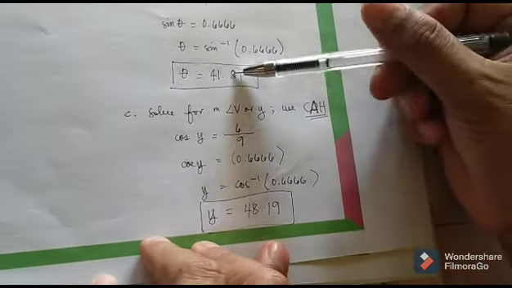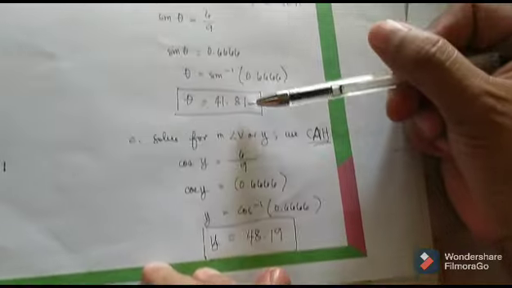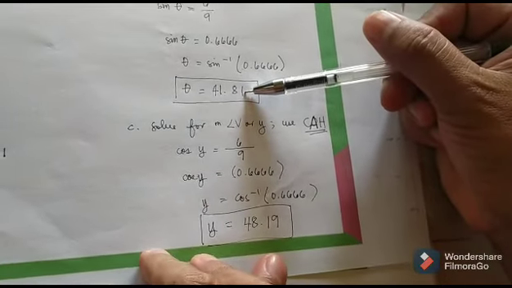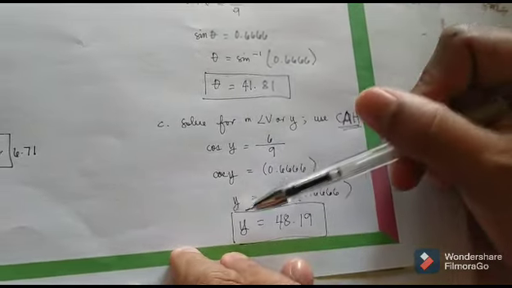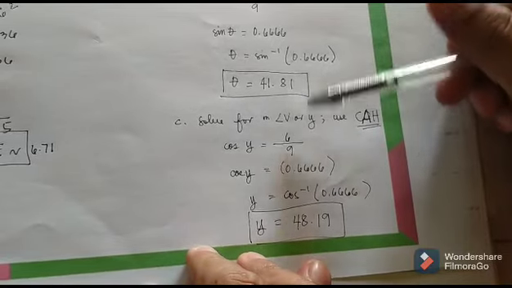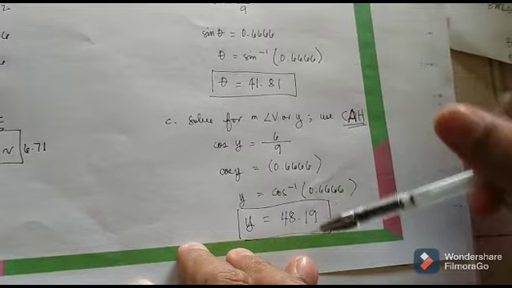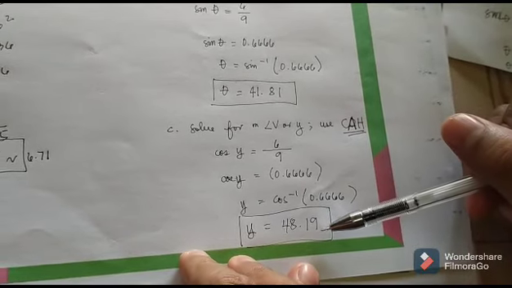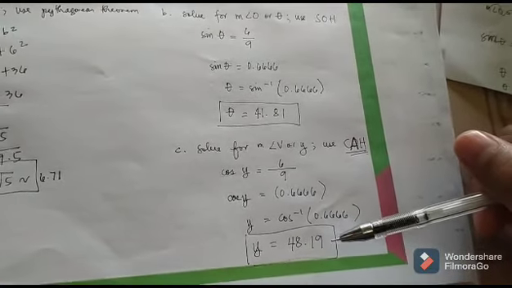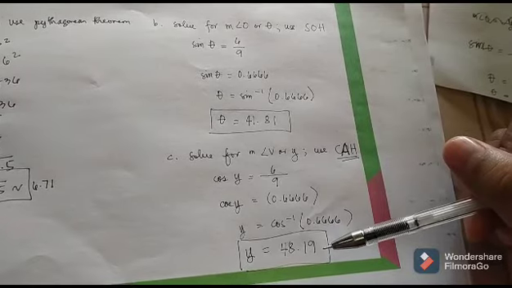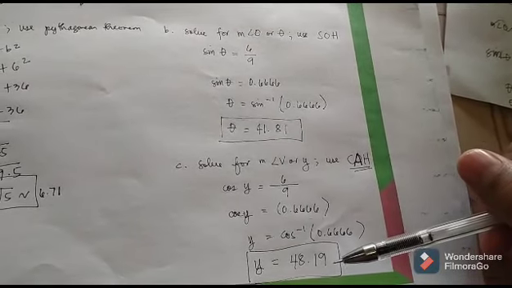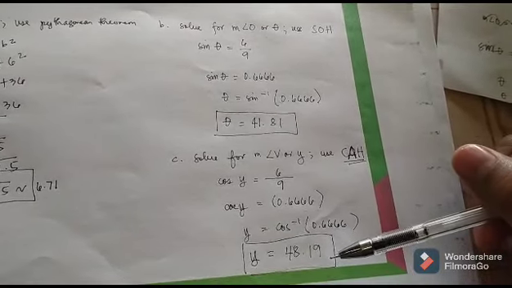If you're going to combine these two, 41.81, the measure of angle theta, and angle y, you would have an exact value of 90 degrees. 41.81 plus 48.19, you would have a measure of 90 degrees because they are complementary angles. Is that clear now?